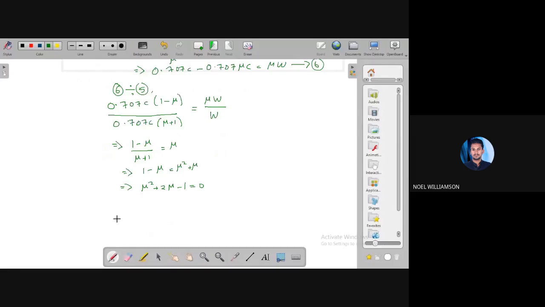You will get two values in the calculator, first one 0.414, and also another value, that is minus 2.414. So we are not using negative values. Mu can never have a negative value, therefore we will neglect this value. Okay, so this is the value for mu. So mu equal to 0.414.